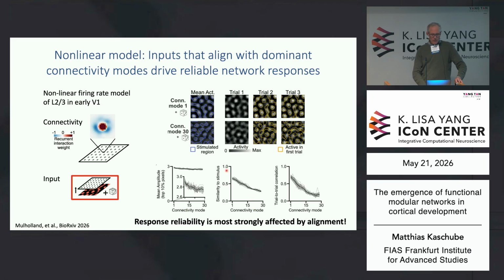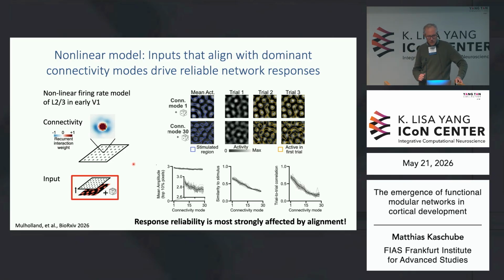So what we find is that not only is the response of the network highly dependent on whether we drive it with a leading or a higher order singular value input mode, but the property that depended most on whether we drove the network with an aligned input or not was the trial-to-trial variability. The trial-to-trial variability depended a lot on whether and how we drove the network, and the mean amplitude didn't change so much, which is different from a linear model.